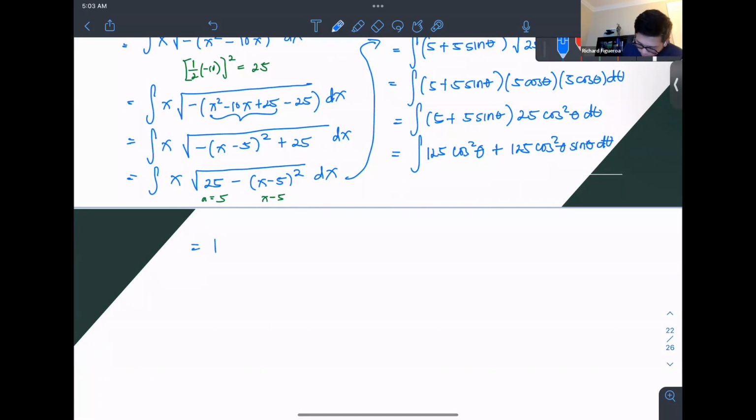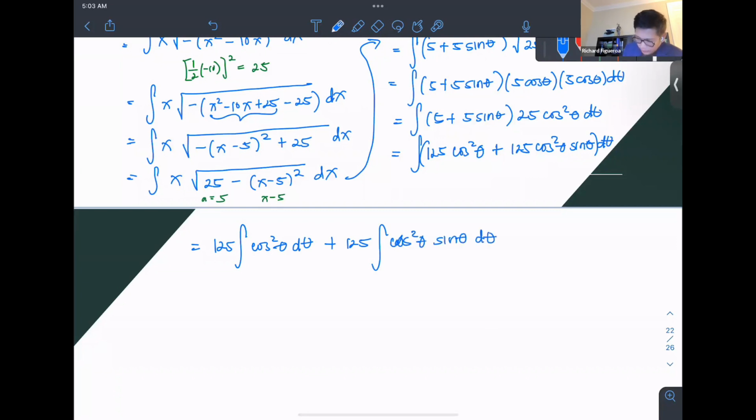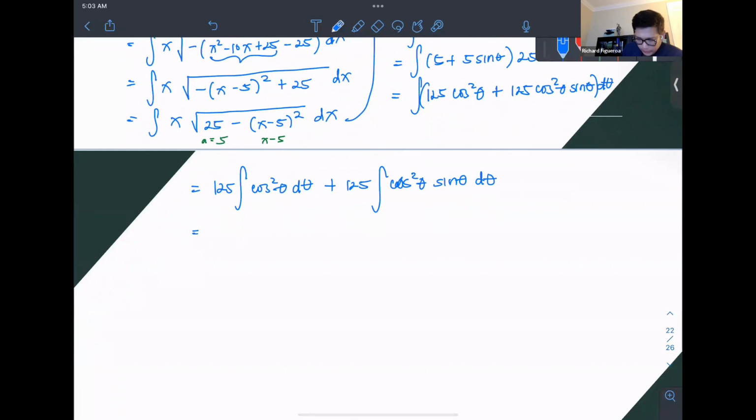So we distribute. So we'll have 125 integral of cosine squared theta d theta, then plus 125 the integral of cosine squared theta sine theta d theta. I cannot integrate cosine squared right away, but I'll make that one as 1 plus cosine 2 theta all over 2 d theta, plus 125 cosine squared theta sine theta d theta.